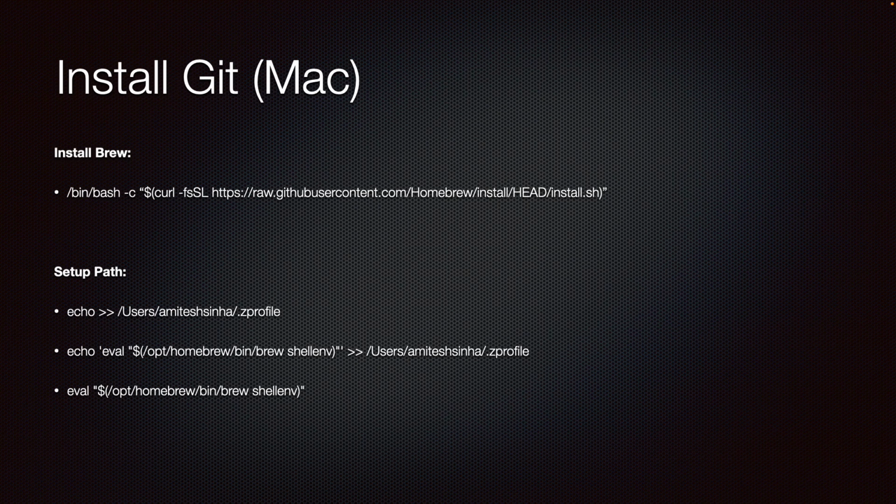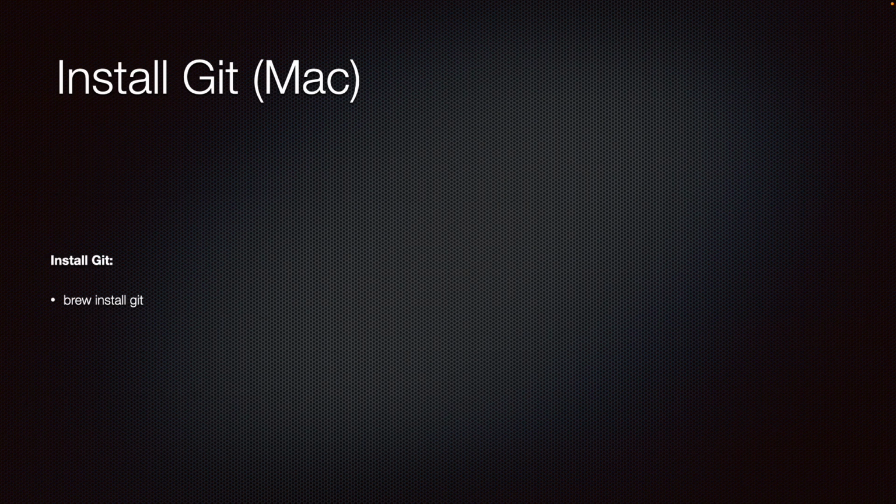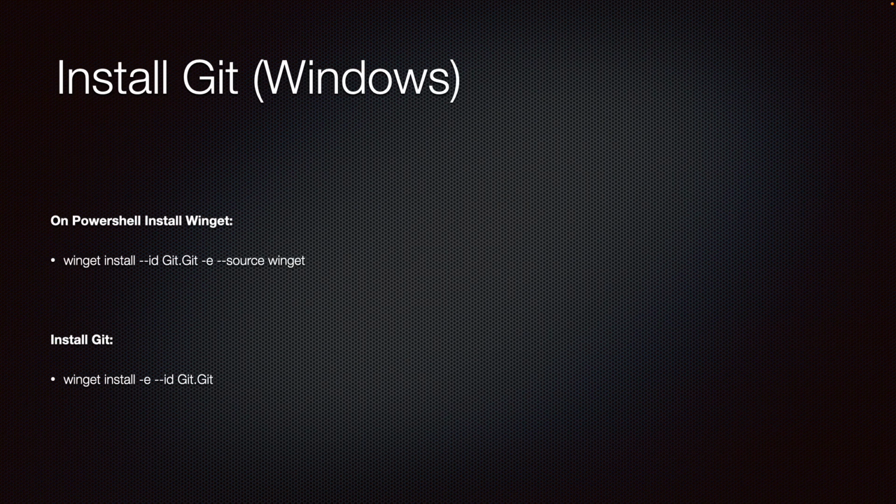For Mac, you need to have brew first, and then you need to set up the path, and then you need to install Git. For Windows, you can install Git either via WinGit, or you can also go to the Git website and get the Windows installer.